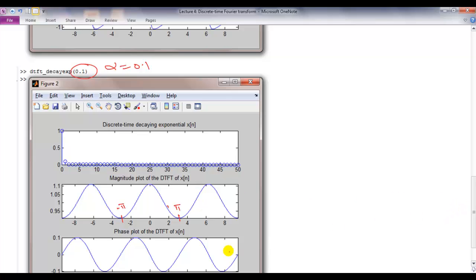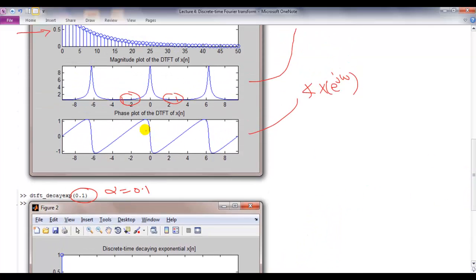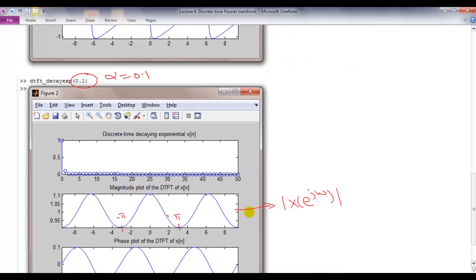Okay, this is the phase, but we are right now talking about the amplitude. So if you really compare the two, this is the slowly decaying function, and because of that, it has low frequencies but not that many high frequencies. And this is the fast decaying function. Because of that, it has high frequencies also present in it.